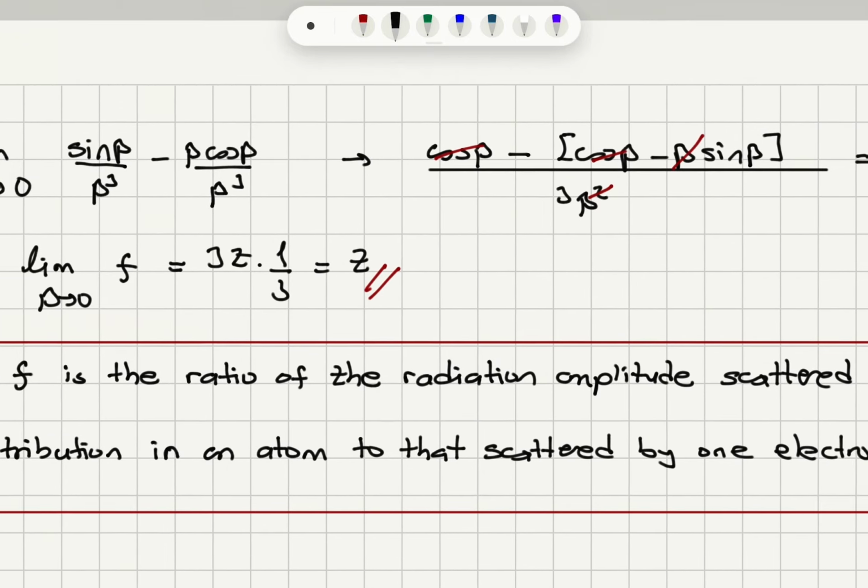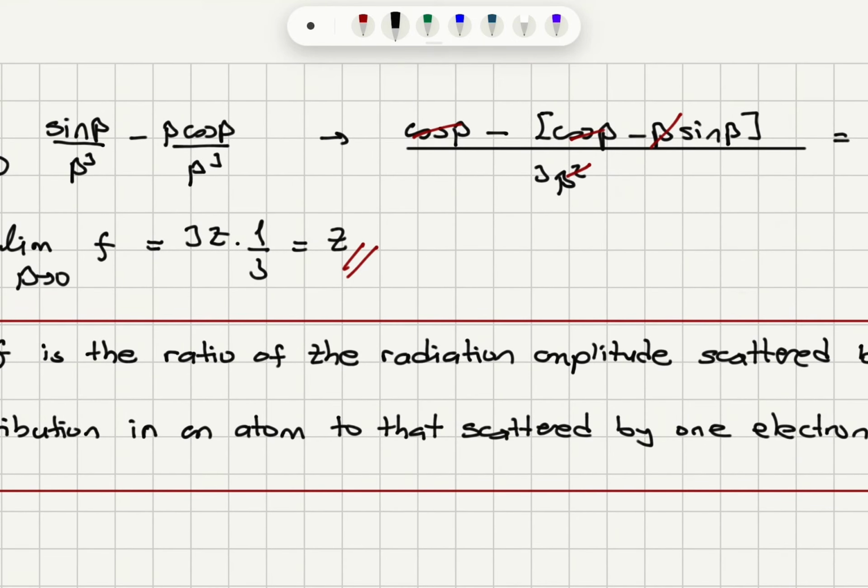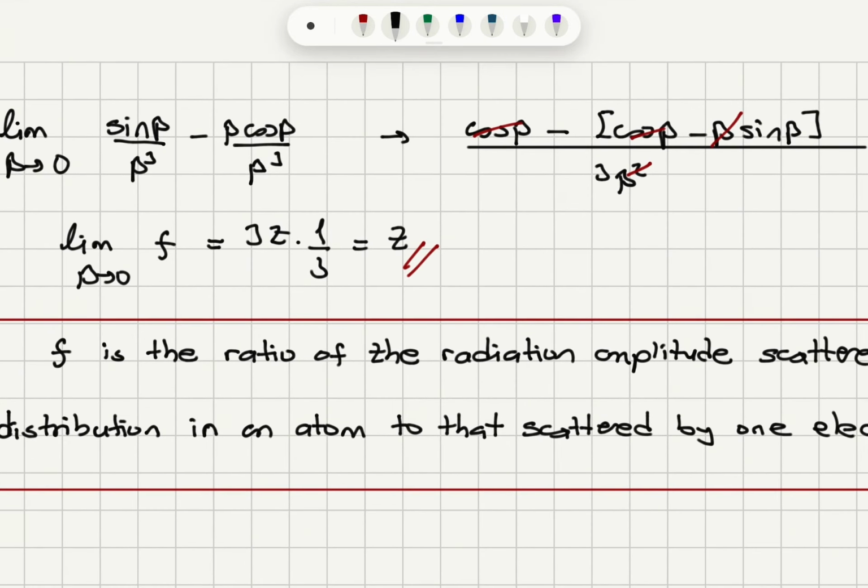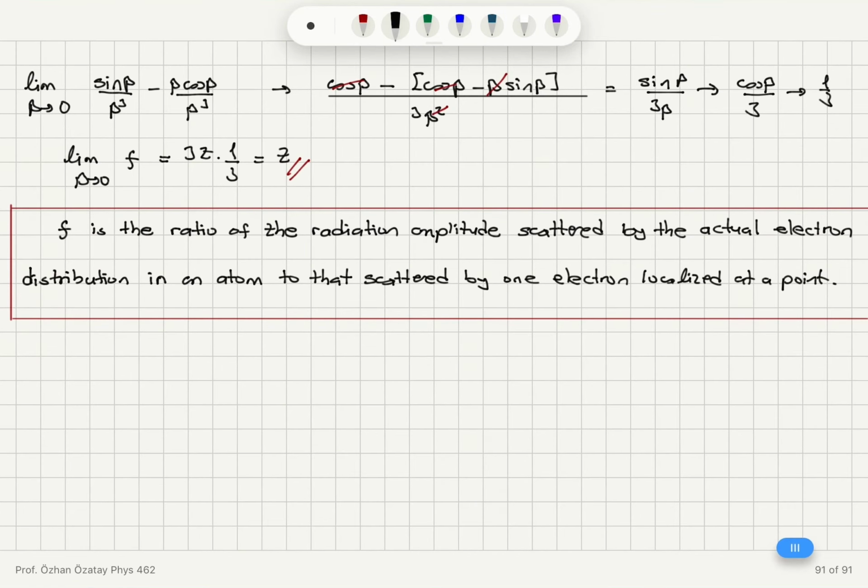So if you take the derivative, you get cosine beta, and from minus beta cosine beta, we can take the derivative with respect to beta, which gives me cosine beta, and then the derivative of cosine giving us minus beta sine beta, divided by the derivative of the bottom, 3 beta square. We're using L'Hopital's rule. So this is a 0 over 0.